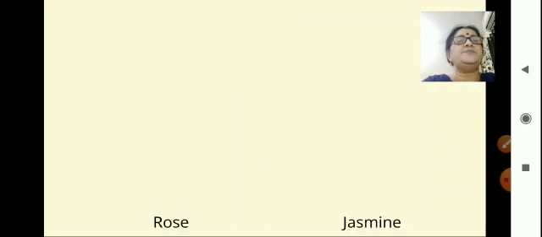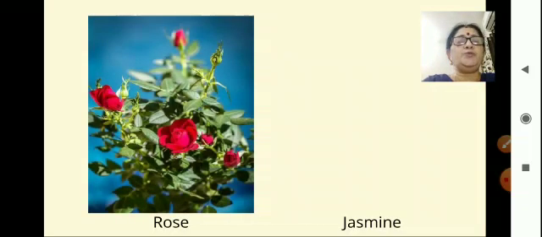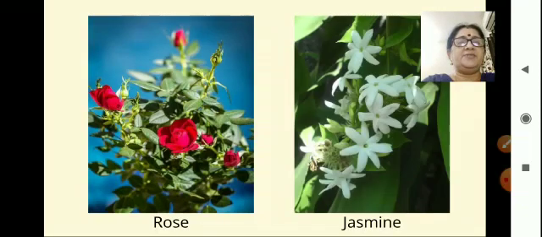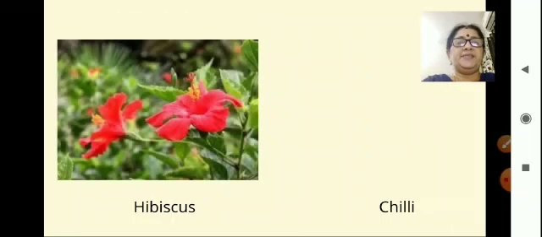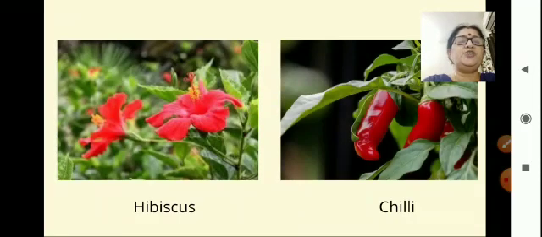Example, rose, jasmine, hibiscus, chilli. Rose, jasmine, hibiscus, chilli are examples of shrubs.